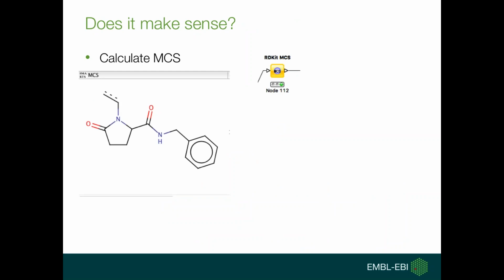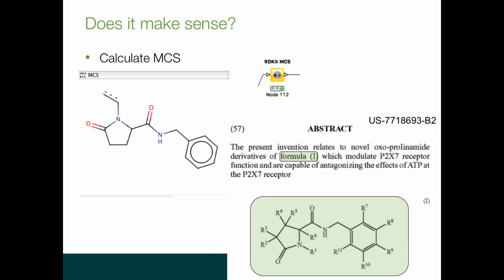And if you use the RDKit MCS node to do a maximum common substructure on these 201 compounds, you will see that this is how the maximum common substructure scaffold of these compounds looks like. And of course, you can compare this with the actual Markush that is reported in the patent document and see if it makes sense.